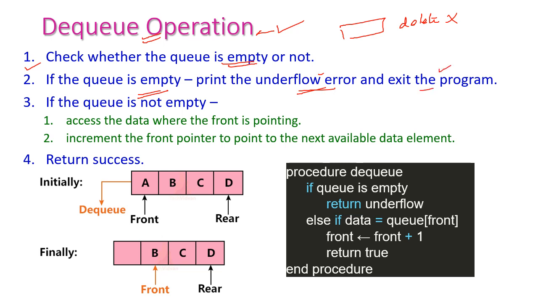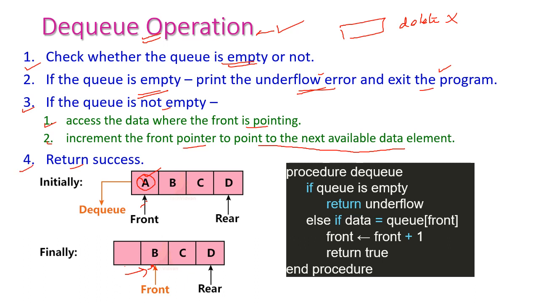Otherwise, if the queue is not empty, then access the data where the front is pointing. Front is pointing here. And increment the front pointer to point to the next available data item. So the front will be incremented by 1, right? And return success. So this is the dequeue operation.